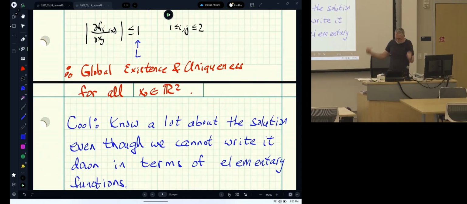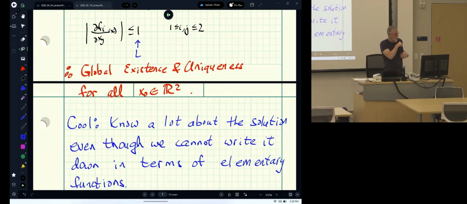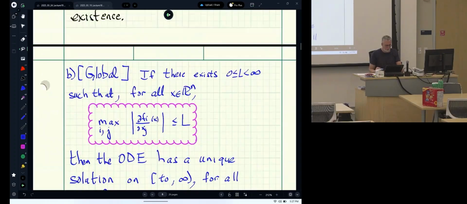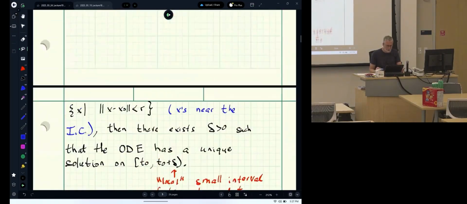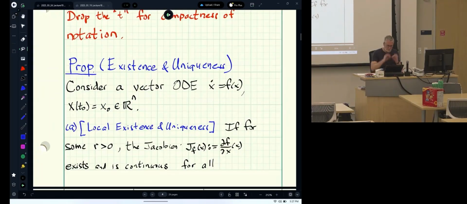So when do they have solutions? When might they not have a solution? That's what we can do. Okay, so the main thing about this is when you're working with differential equations, we now know if the right-hand side is continuously differentiable, the solution will exist for at least a small interval of time.